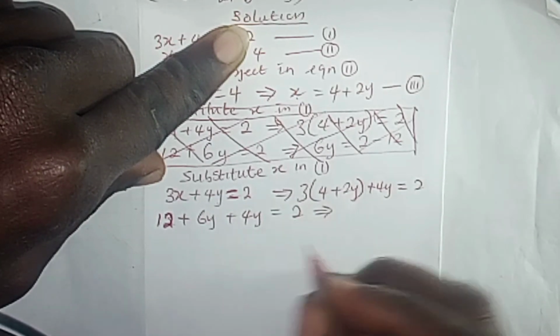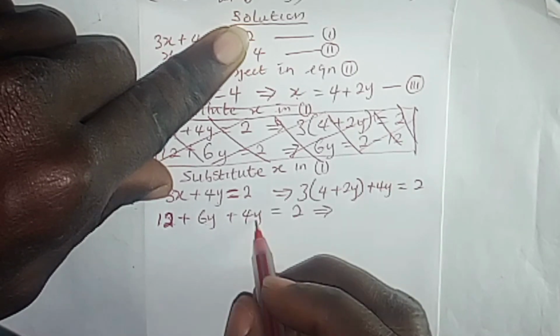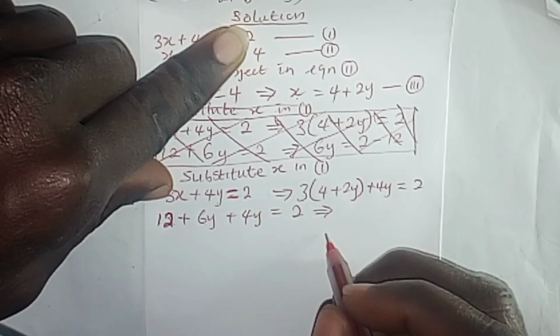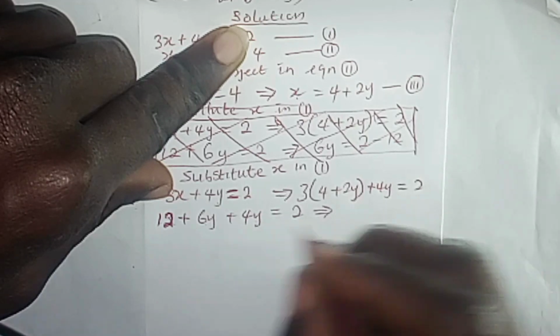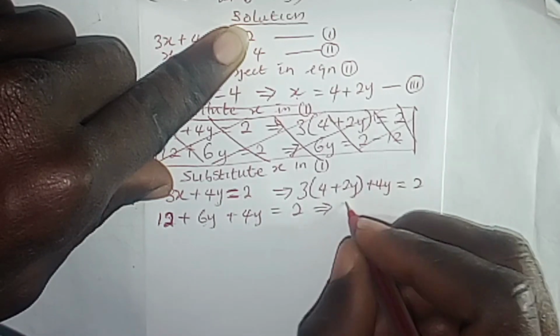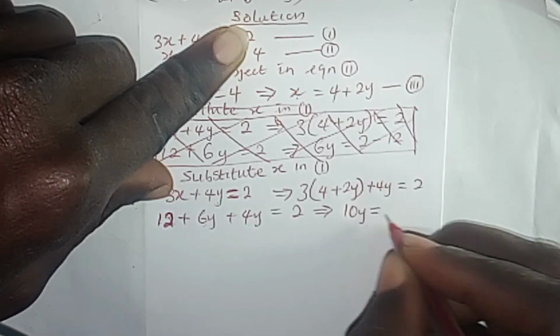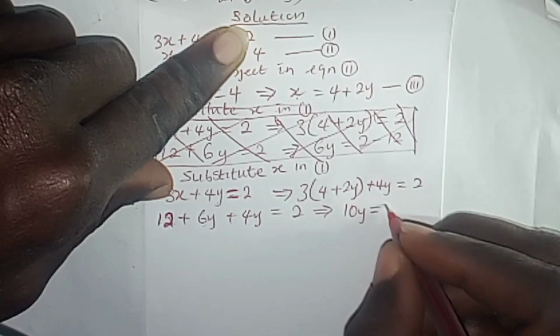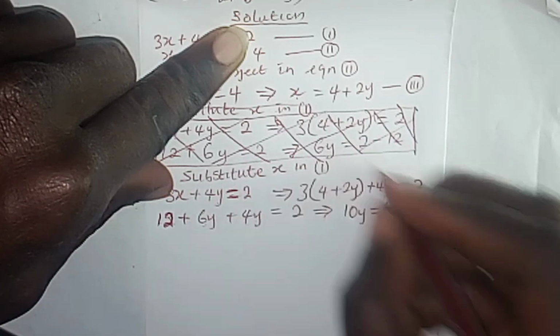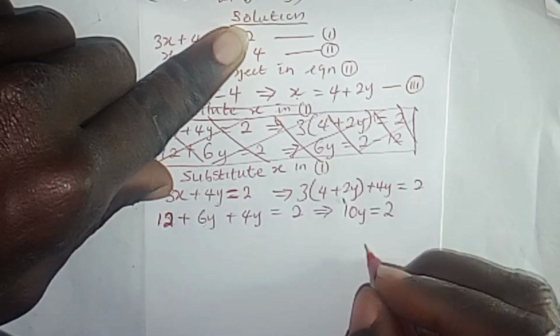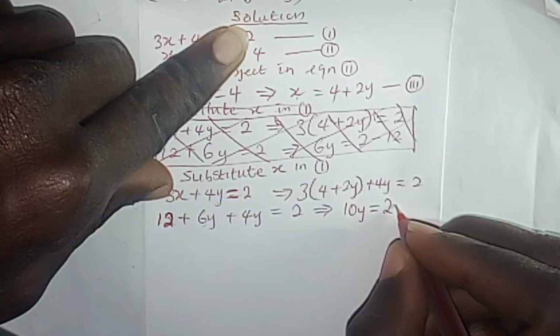So this implies that 6y + 4y is the same thing as 10y, equal to 2. When the 12 is taken to the other side, it becomes minus 12.